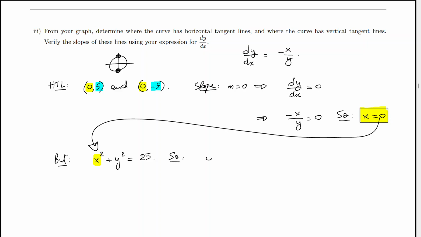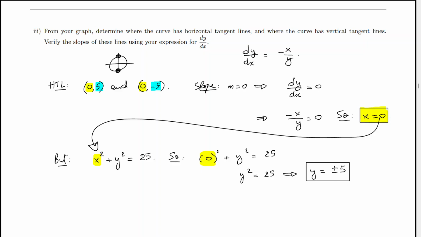So if I replace x with 0, then I get 0 squared plus y squared equals 25. And remember, 0 squared is just 0, so this means that y squared has to be 25. And the numbers I squared to get 25 are either plus 5 or minus 5.